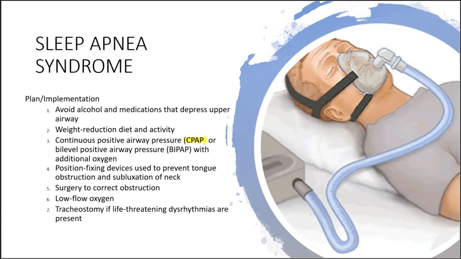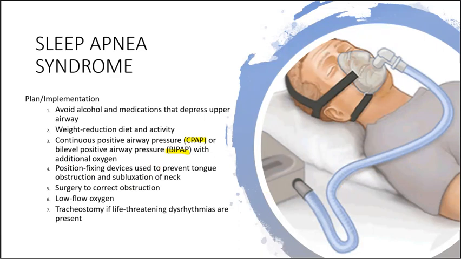Or we need to place him on bilevel positive airway pressure, BiPAP. We could also use position fixing devices to prevent the tongue from obstructing the airway and subluxation of the neck.